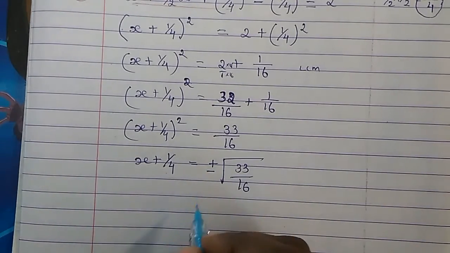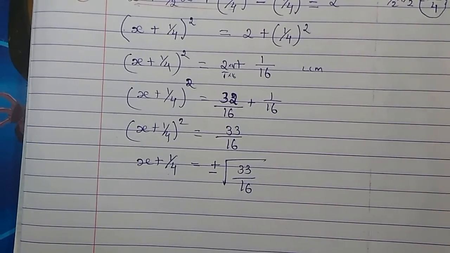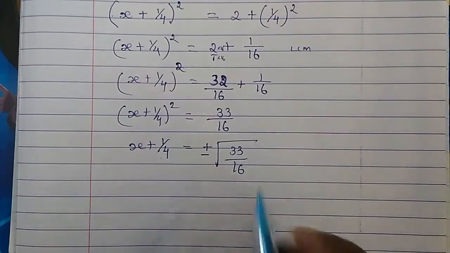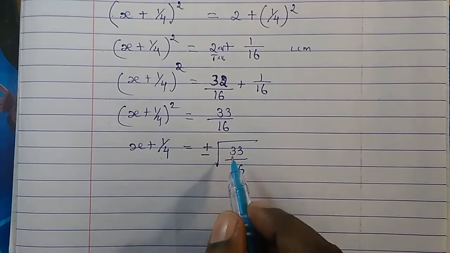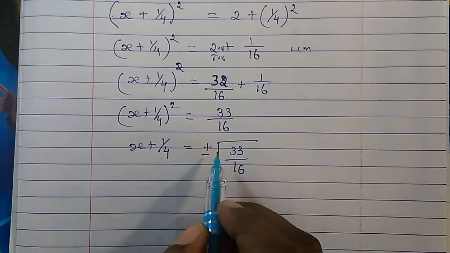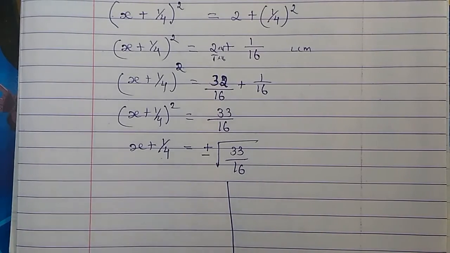Now let us see if we can remove a perfect square from it. We don't have any perfect square that we can remove, so we'll keep it as it is. Here it is plus or minus, so once we will keep it with plus and once with minus.